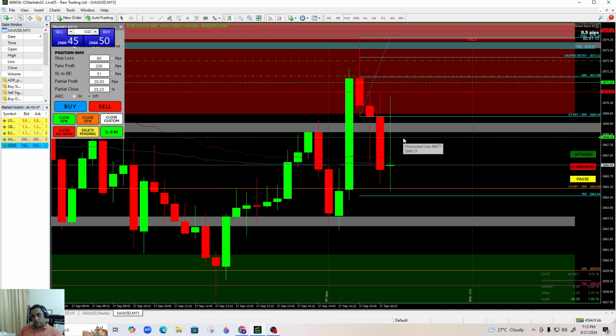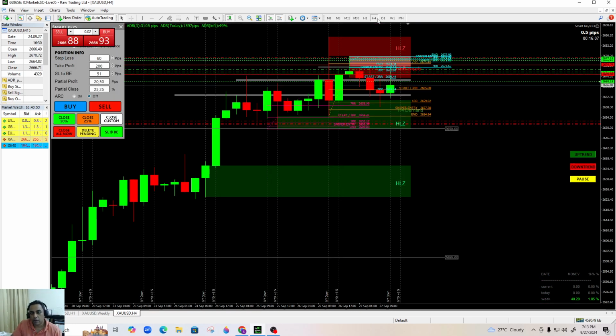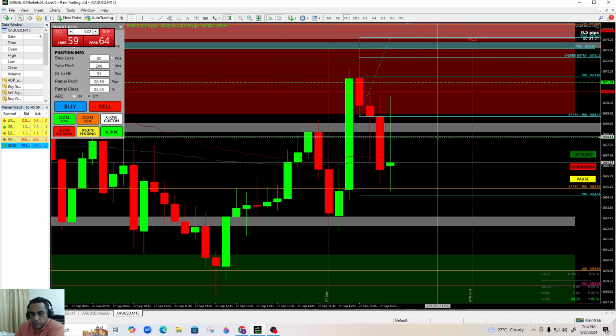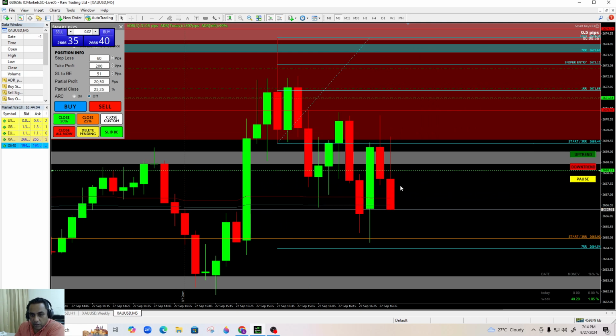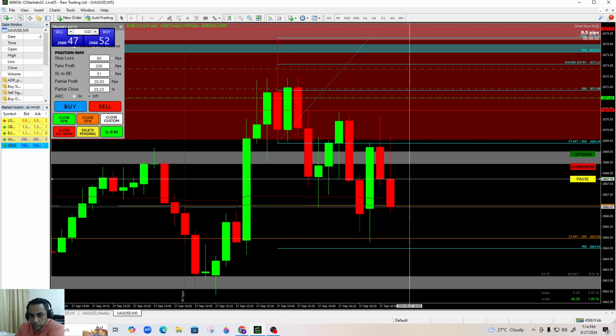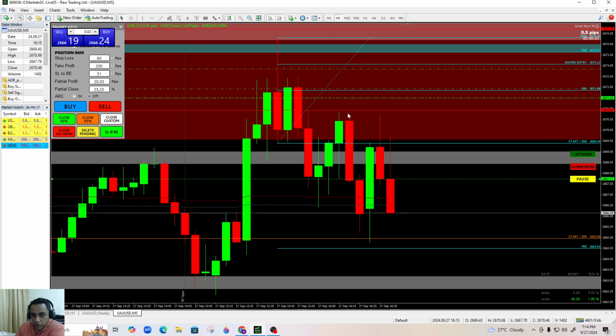Just wait for the 15-minute candle to close. The 4-hour candle, yeah, it's rejecting that area. Gonna wait for the 15-minute candle to close, see if price respects that high.